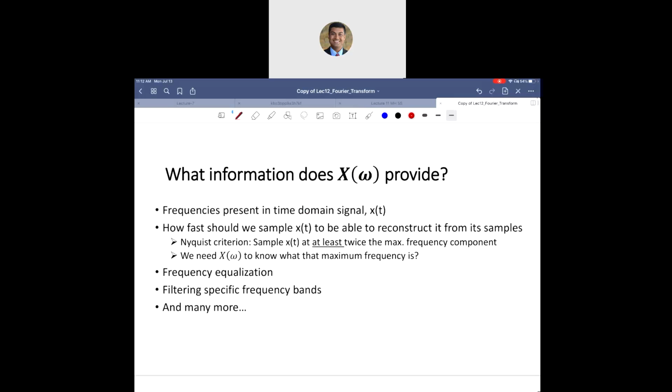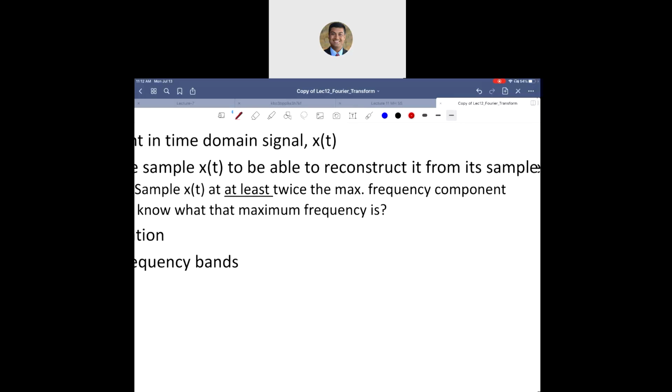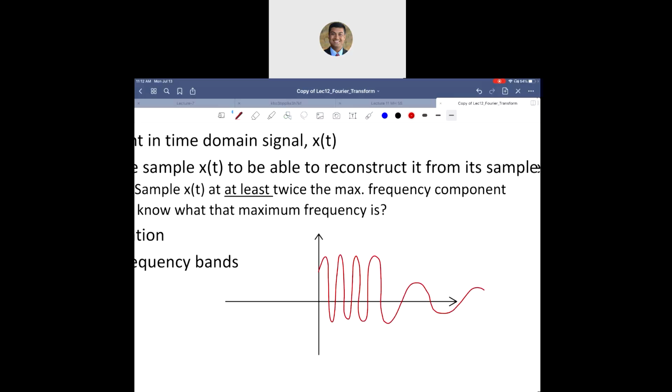So for example, I'm going to try to sketch something here. Let's say, I'm going to see if I can sketch maybe a sinusoid. So with this sketch, and this is time, and this is x of t, right?